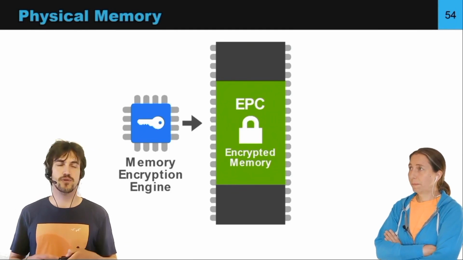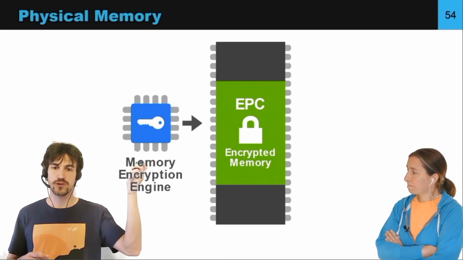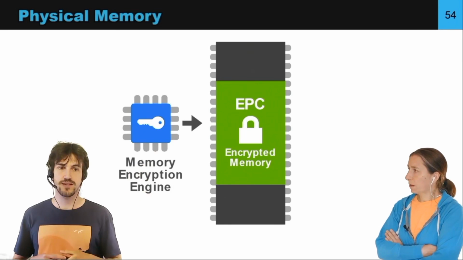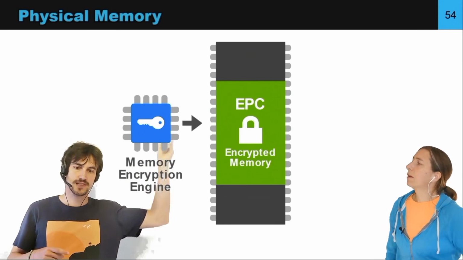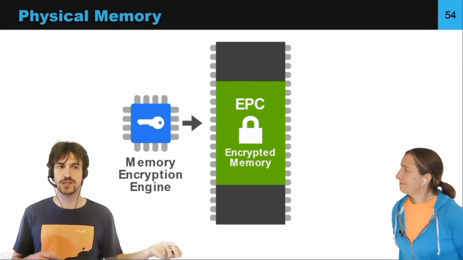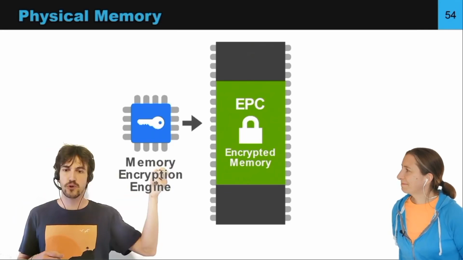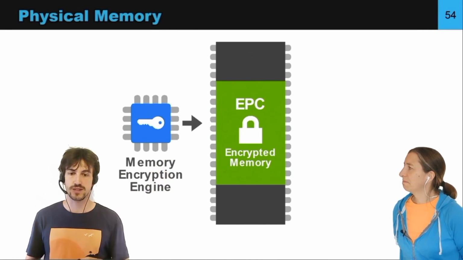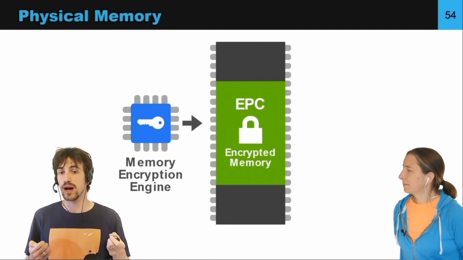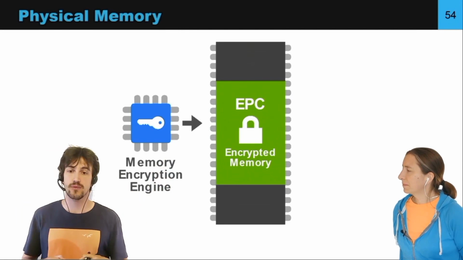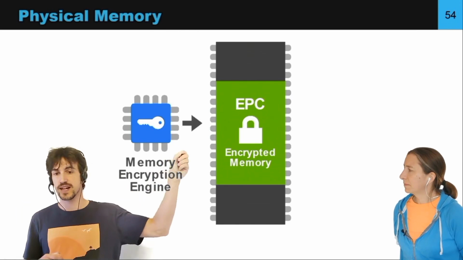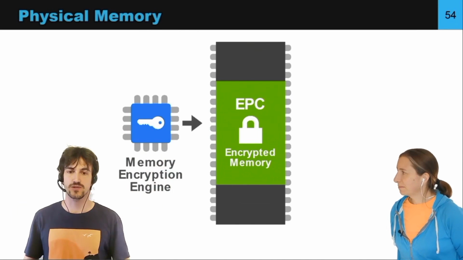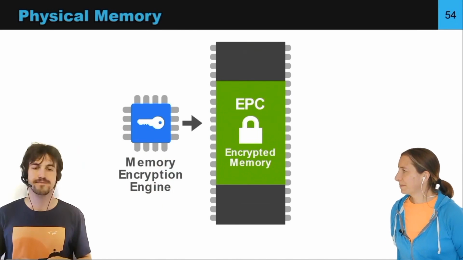Whenever an enclave writes something to memory, it goes through this memory encryption engine, is encrypted with a key that is not accessible even to the operating system, and is then written into DRAM, and vice versa. When you read it back, the memory encryption engine will first check that the data has not been changed, for instance, that you have not flipped a bit with Rowhammer in DRAM. Only if that's valid, it will pass it on to the enclave and provide the decrypted data to the enclave. Clever.